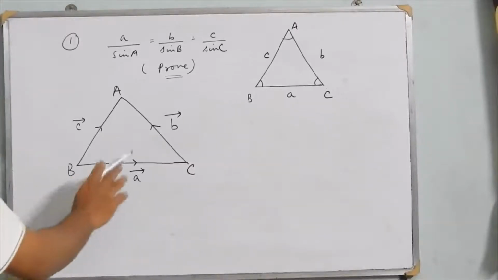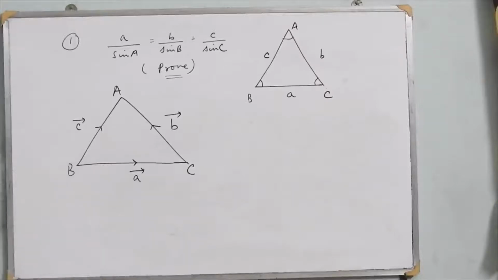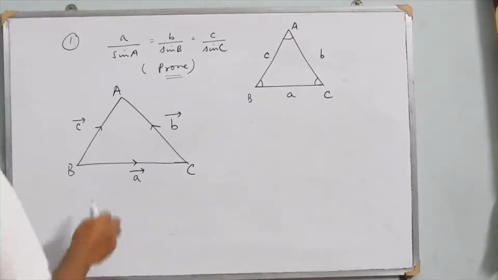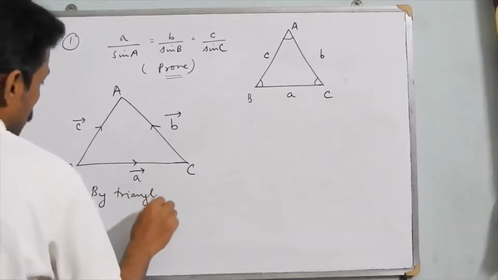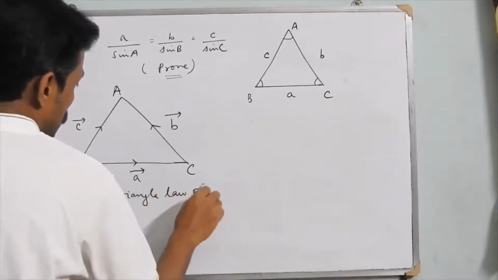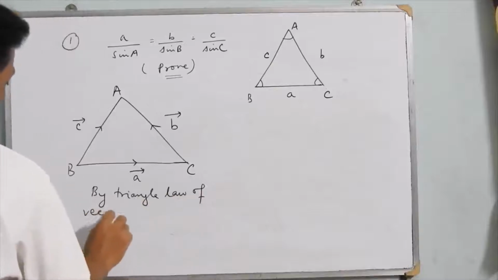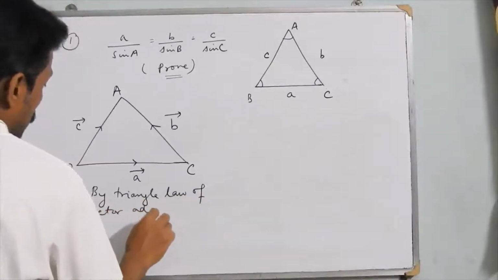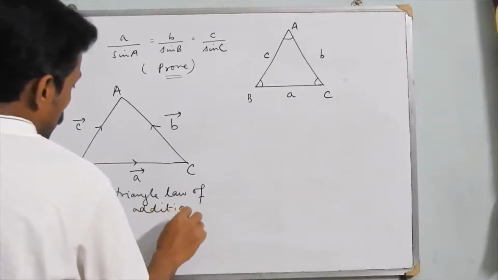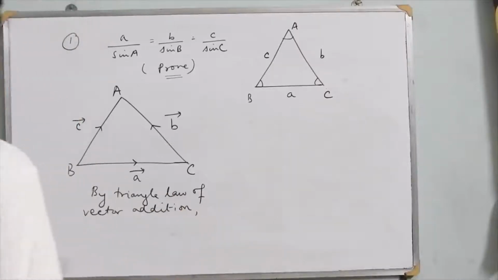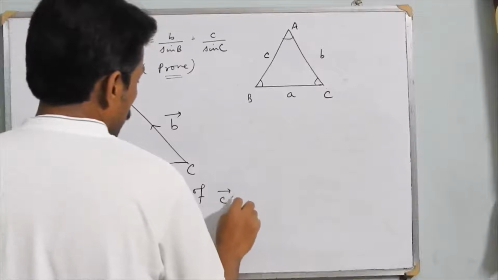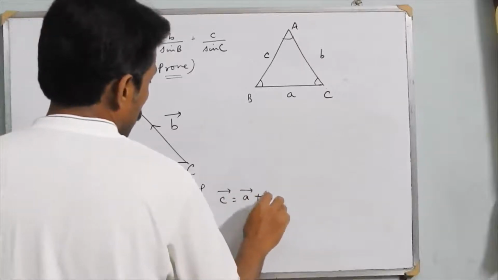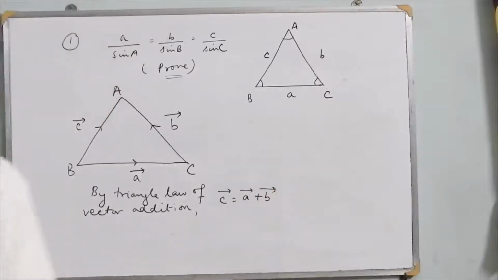By the triangle law of vector addition, you can easily see that A vector plus B vector is C vector. So C vector is A vector plus B vector.